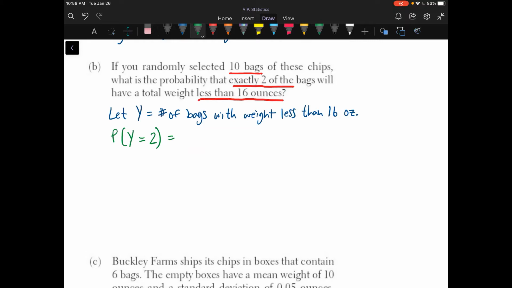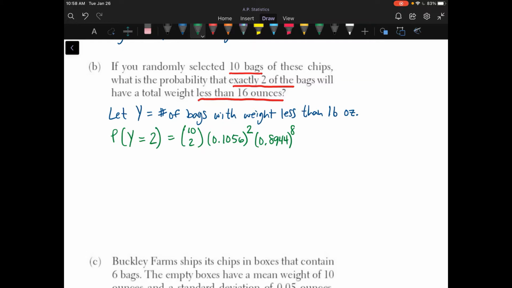This is going to use the binomial probability formula. In this case, we're going to have 10 choose 2 times the probability of the bag being less than 16 ounces, which we just calculated in part A, which is 0.1056, to the power of 2, times the probability of being equal to or greater than 16 ounces, which is 0.8944, to the power of 8. 8 plus 2 is 10, the total number of things we're choosing from.